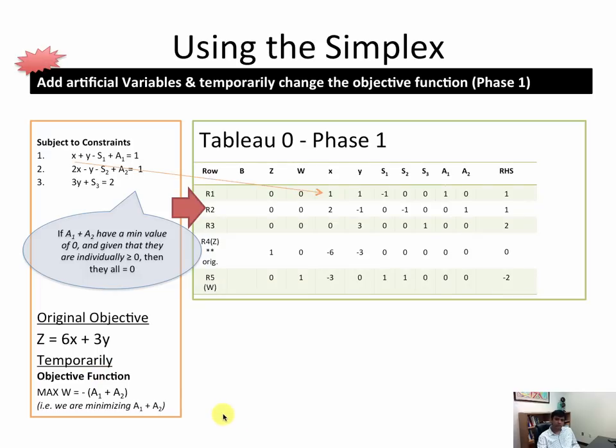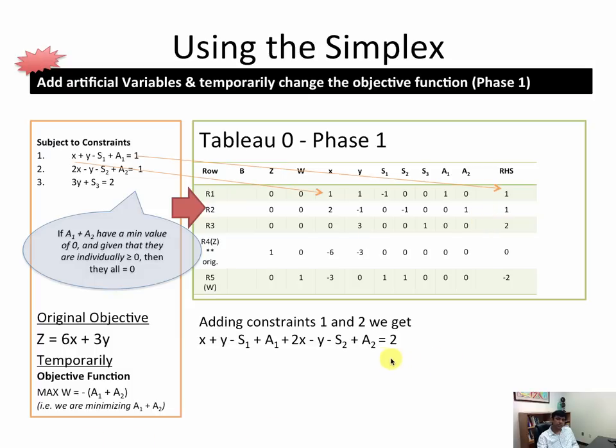We see that our first constraint has coefficient of x as 1, coefficient of y as 1, s1 is −1, a1 is 1, and right hand side is 1. And similarly, we have the second row and the third row. Now, since a1 and a2 are part of constraints 1 and 2, let's see what is the sum of a1 + a2.